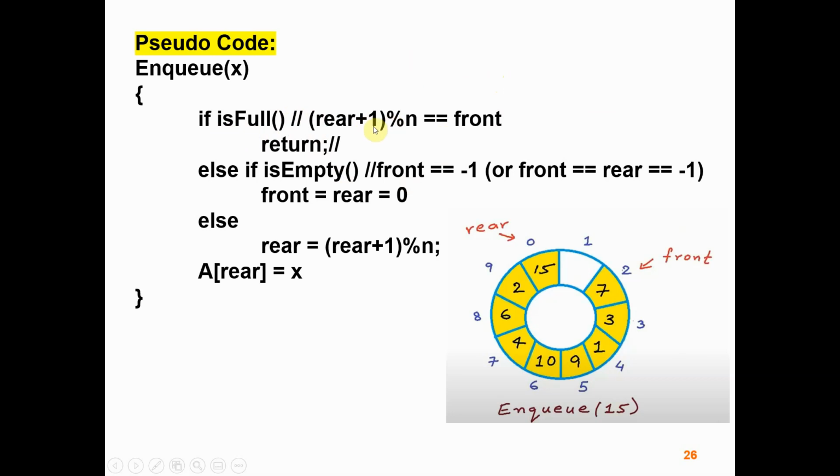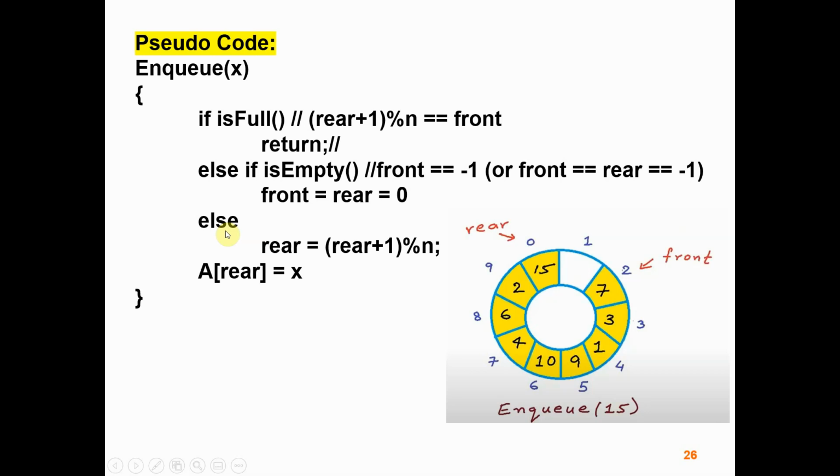So we have to say that if rear plus 1 mod size is equal to the front, it means that our array is full. So return. Otherwise, you have to check if the array is empty. If that's the case, make both front and rear 0. This is the only case that you have to change front, right?